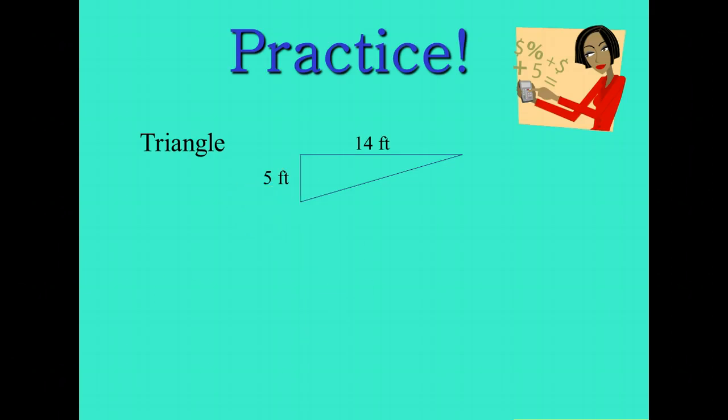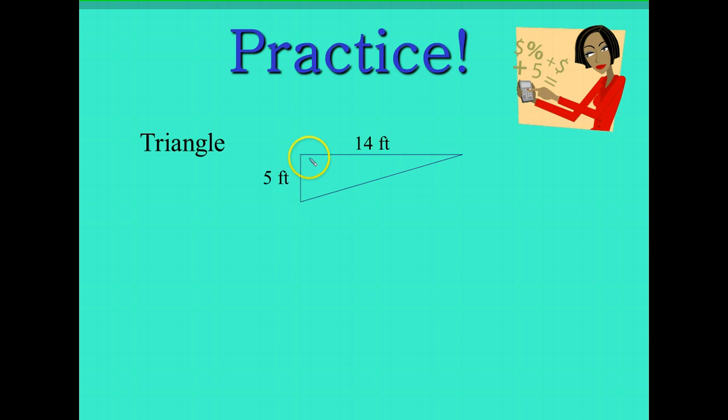So go ahead and practice and find me the area of this triangle. Let's see if you can do it. Okay, so this one I'm going to actually do with you guys.